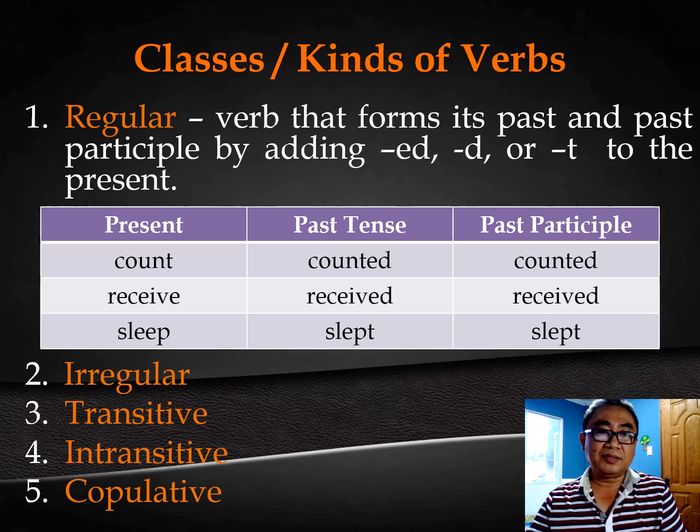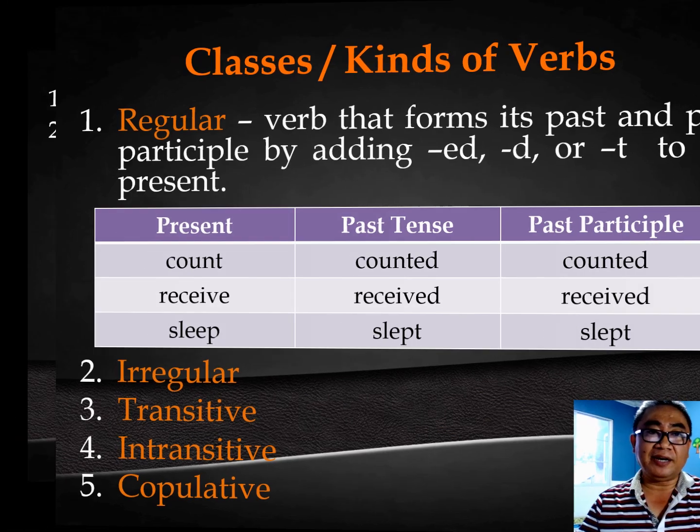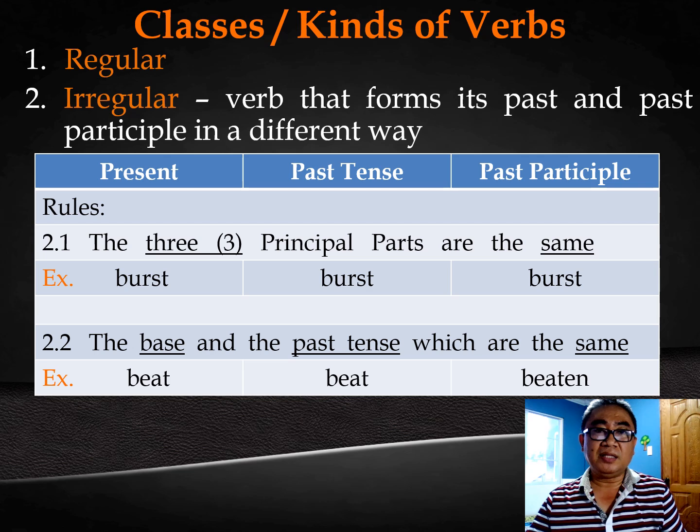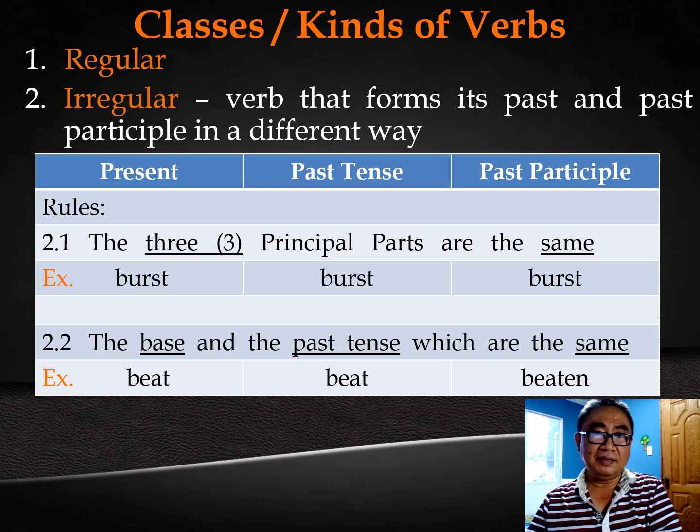Whereas when we go to irregular verbs, the verb forms its past and past participle in a different way. For example, under Rule 2.1, the three principal parts are the same: burst, burst, burst. So the same, from present, past, and past participle.